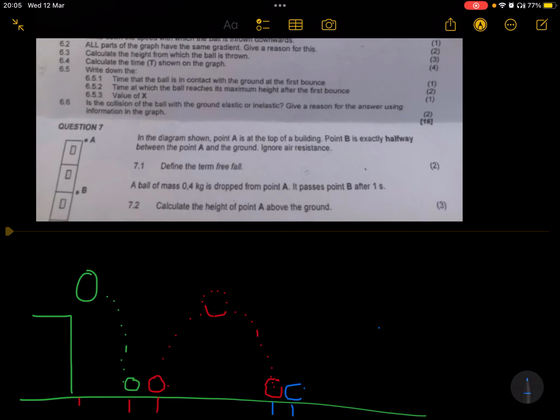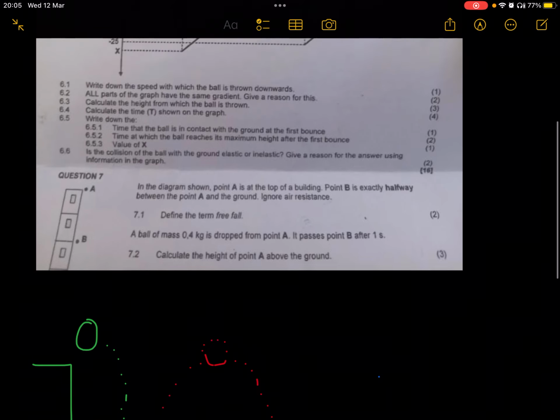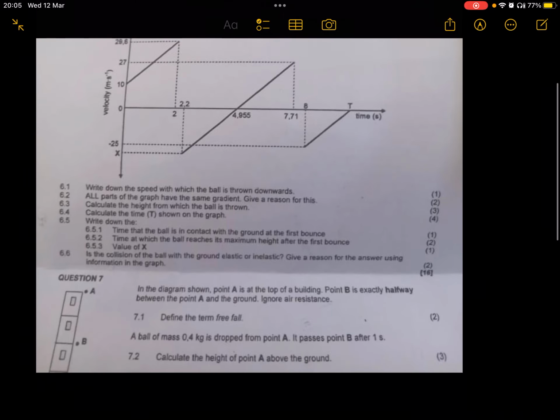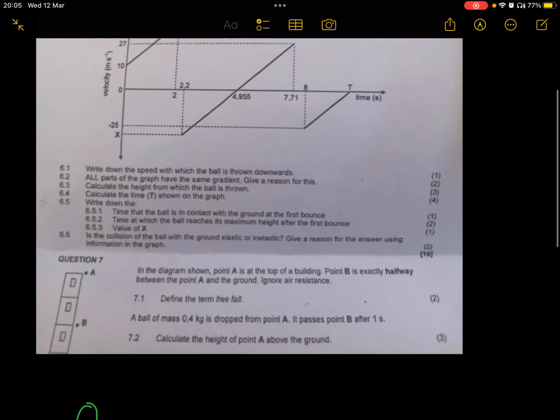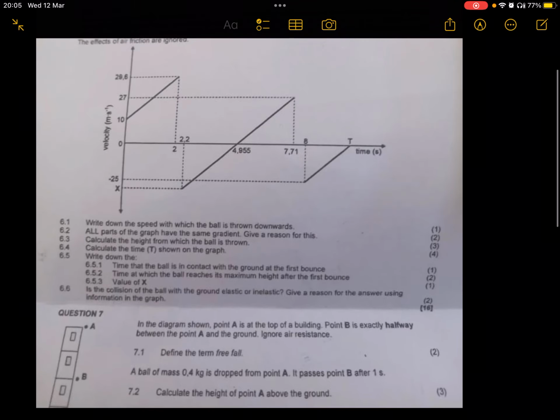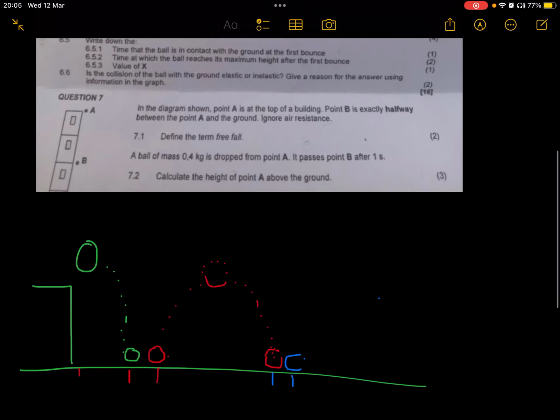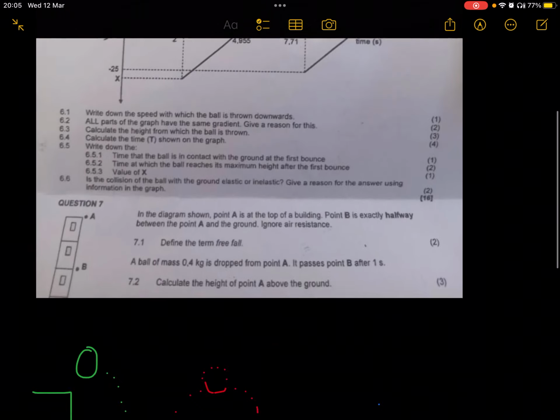Let me check the question again. Okay, the ball hit the ground and left the ground, reached maximum height, then returned back and hit the ground again.